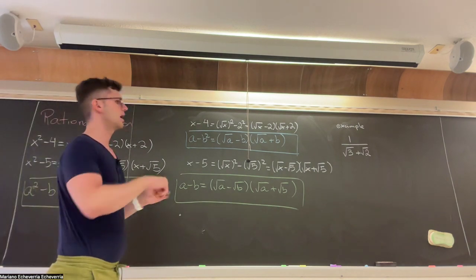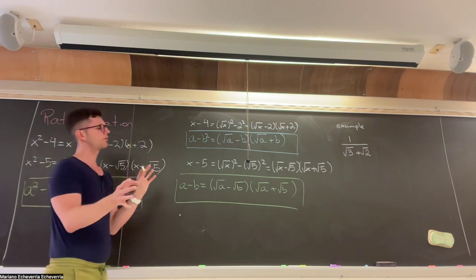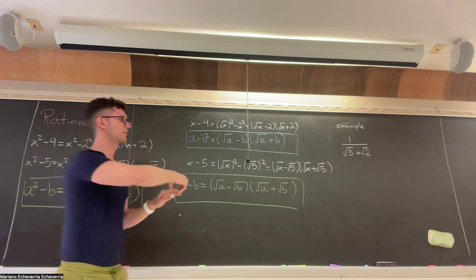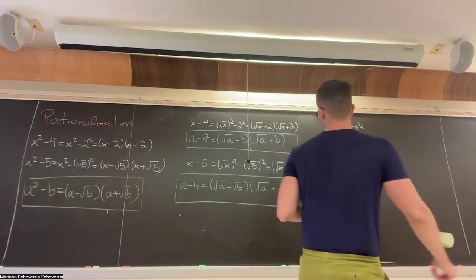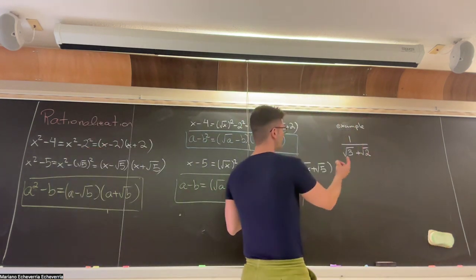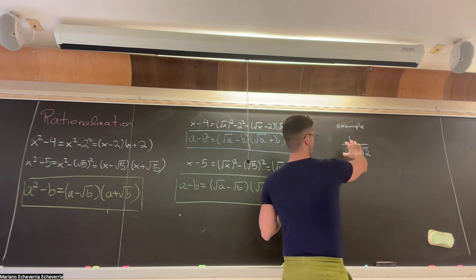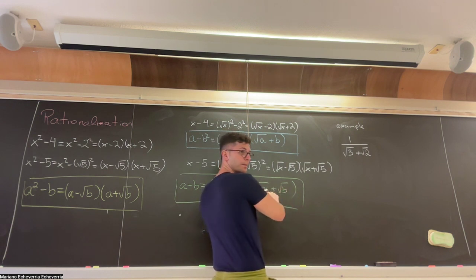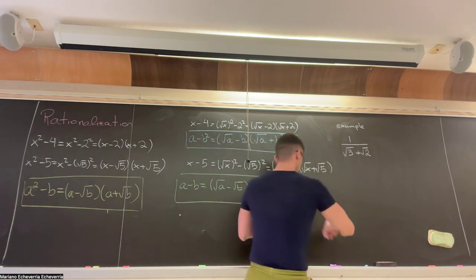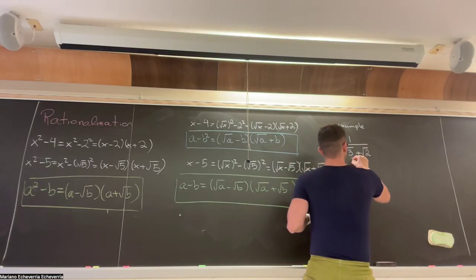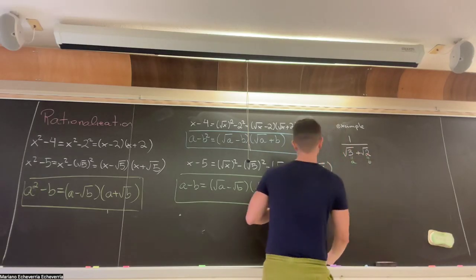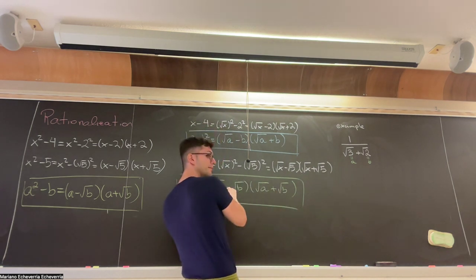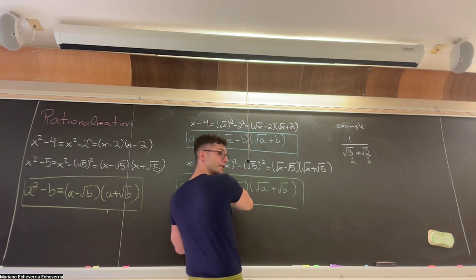So what I can do, and I'll tell you what the rule is, is multiply by what's called the conjugate of this term. If you think about it, you have root of 3 plus root of 2, that's what appears here. If you think of a as 3 and b as 2, this is saying if you have root of 3 plus root of 2 and you multiply it by root of 3 minus root of 2, you can get rid of the square roots.